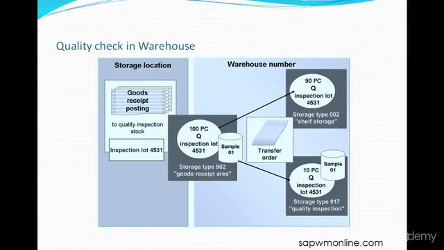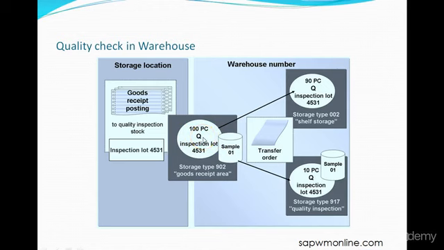One would go to the normal storage type, which is 90 pieces going to the normal storage type, and the 10 you can direct to a quality inspection area. So the quality inspection storage type is generally 917, and you can move the material for quality inspection in storage type 917. So this is triggered due to the QM interface.